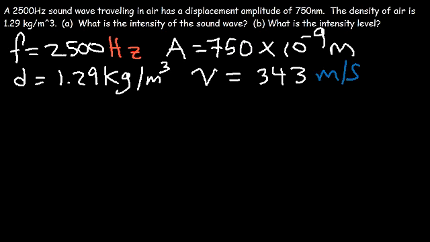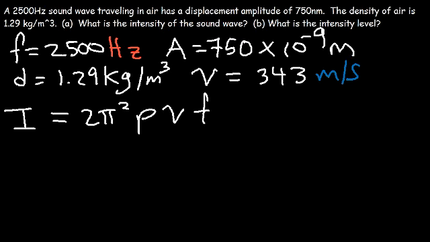So therefore, we can use this equation to find the intensity. It's equal to 2 pi squared times the density of air times the speed of sound times the square of the frequency times the square of the amplitude.